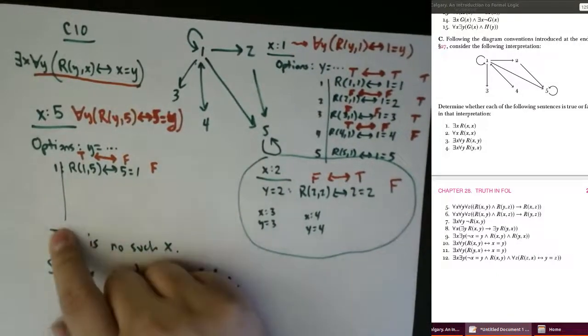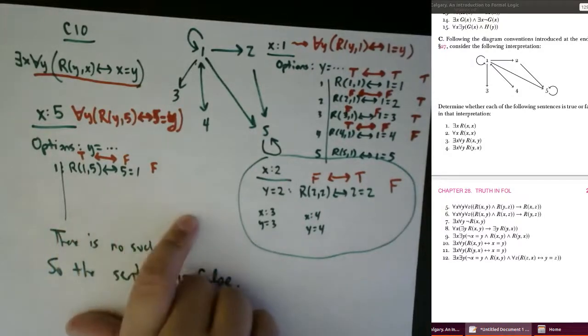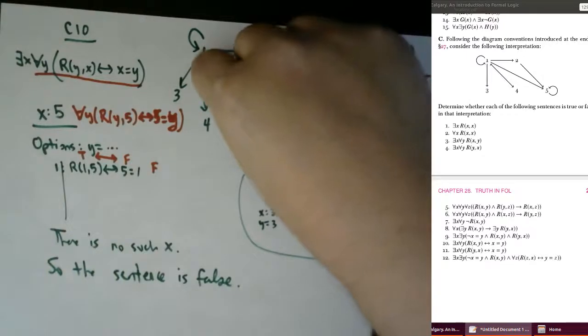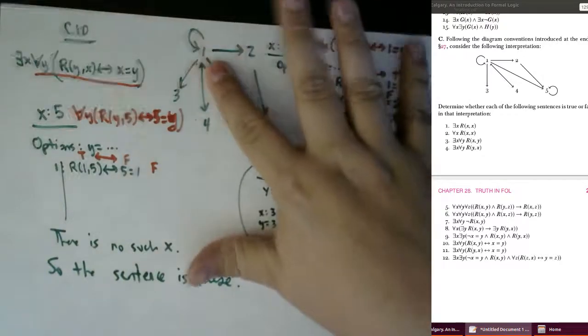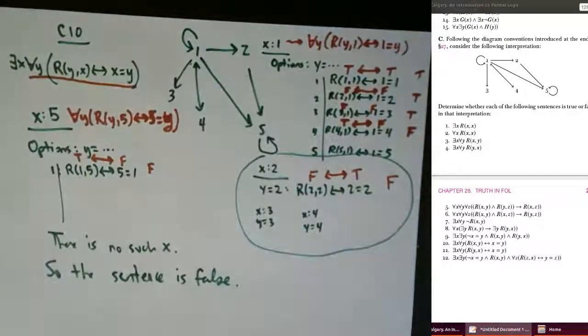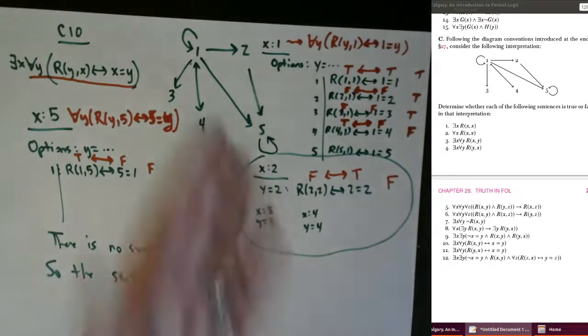And then if y were 5, you would have a true if and only if true, and that would be true. So if you got rid of this line, you would end up with something for which that statement holds. There would be such an x that the only thing that maps to x is itself, essentially, is what it's saying. But we don't in this particular interpretation.